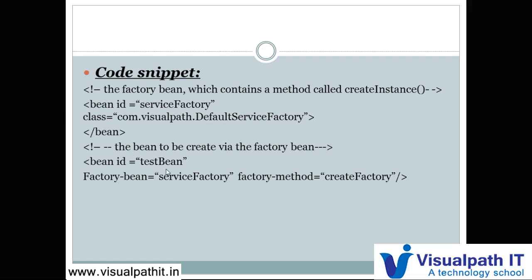This is the factory bean, and this is the factory method. This is the bean and this is the method that is being used here. This bean contains the instance method that is used to create an object. This name is the method which is given with the factory-method attribute of the bean element. That is what we need to know here.